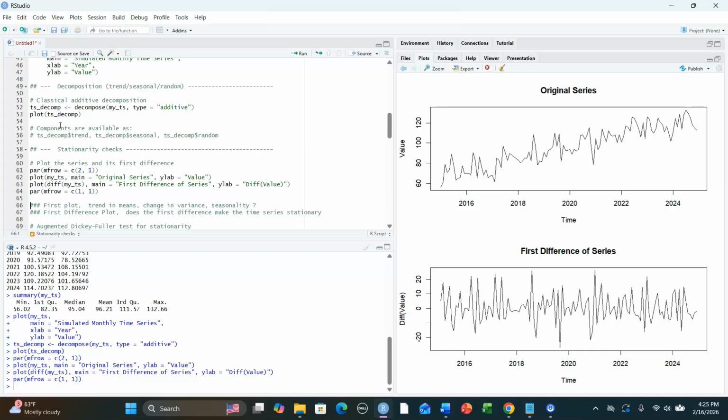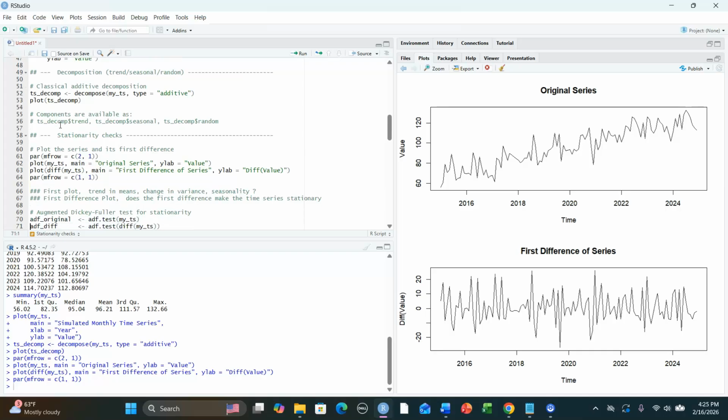And then look at the first difference series. If it successfully removed all the trends and seasonality, then the first difference series would look like random noise. Okay, so it's basically jumping around zero with not much change in variability.